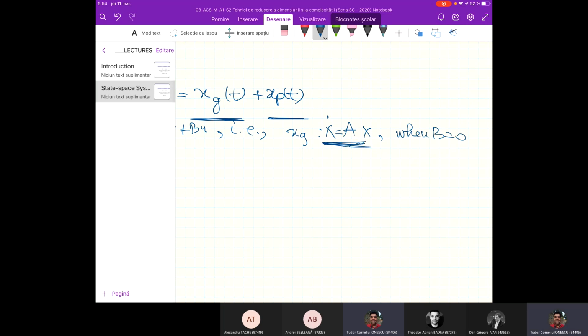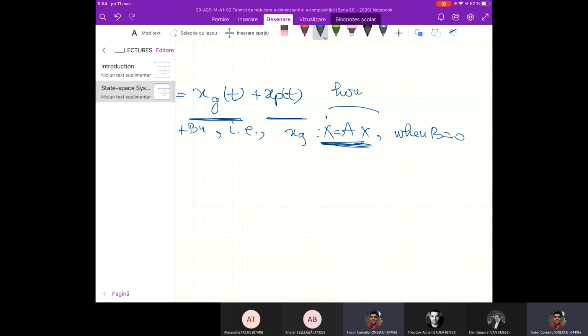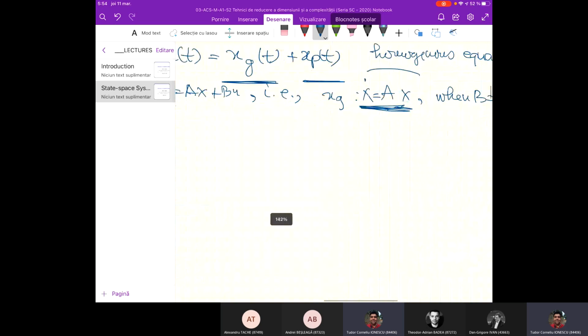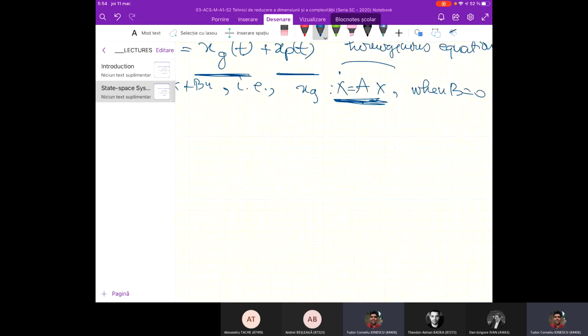Xg is the solution of the so-called homogeneous equation x dot is Ax, the homogeneous equation associated to x dot is Ax plus Bu. So what is the general solution of this?